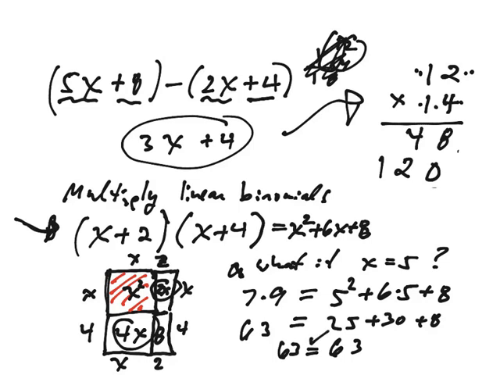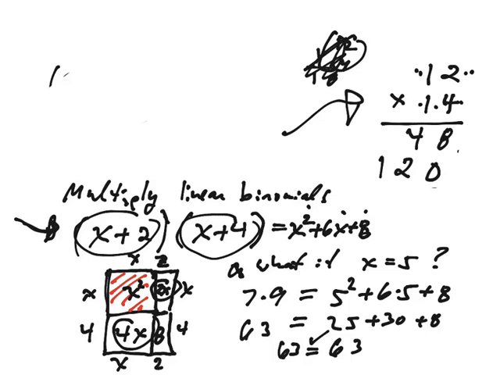And that would work no matter what number you put in for x. Pick any number you want for x and add 2 to it and add 4 to it and multiply them together. And then start over and take that same number and multiply it by itself, add it to 6 times that number and add 8. And the left and right side will always be equal.